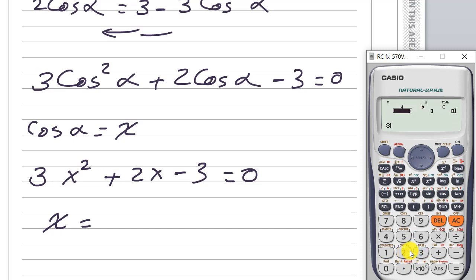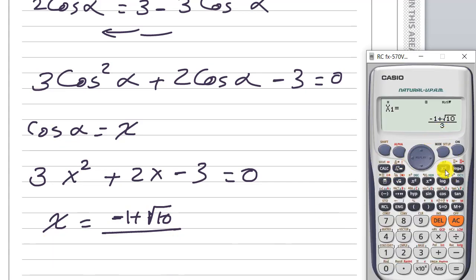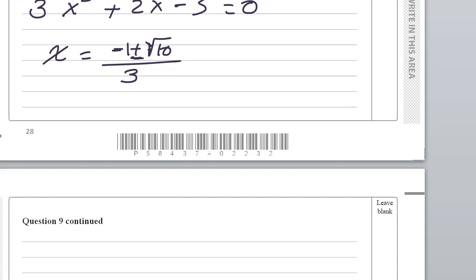So 3 enter, 2 enter, minus 3 enter. So x is equal to minus 1 plus or minus square root of 10 divided by 3.